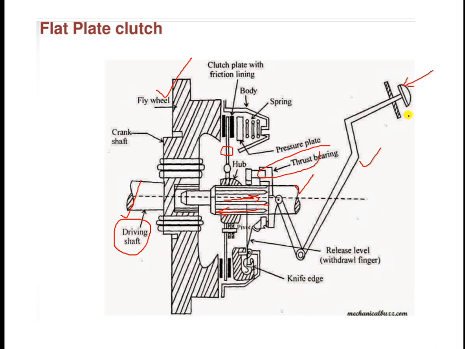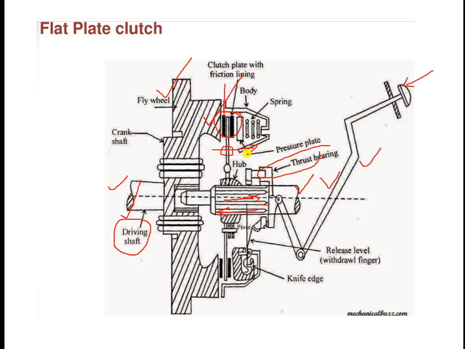Whenever you release the clutch pedal, this friction plate, which has friction lining material on both sides, rubs against the flywheel, and the transmission of motion, power or torque from the driving shaft to the driven shaft takes place.